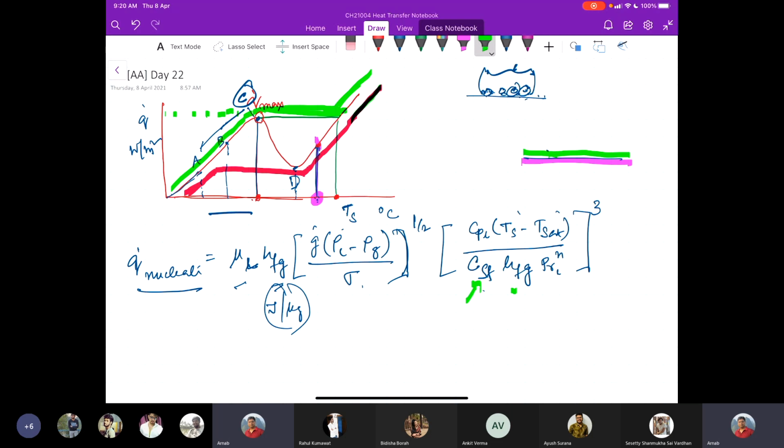This we have explained already. Pr_L is basically the Prandtl number of the liquid. That's why the L is mentioned here clearly. So Prandtl number of the liquid, and n, the Prandtl number to the power n, the n stands for the experimental constant value that depends on the fluid.